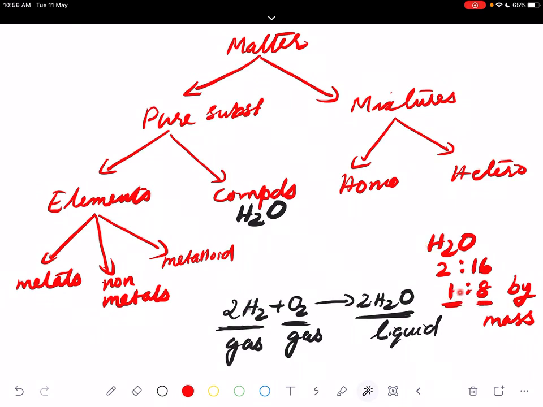If you take 1 gram of hydrogen, you need 8 grams of oxygen. About these things we will study in the next chapter. I am taking some other example.